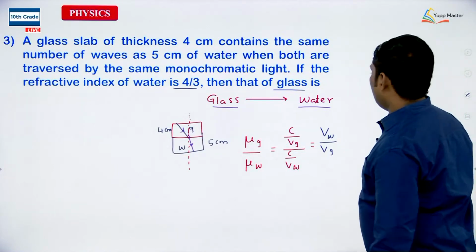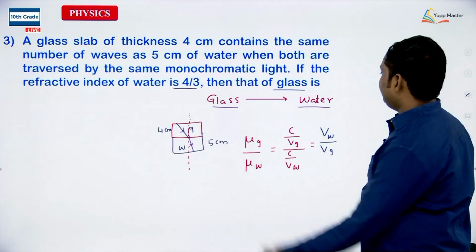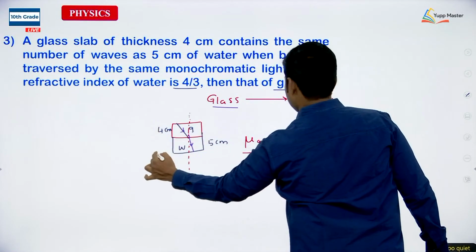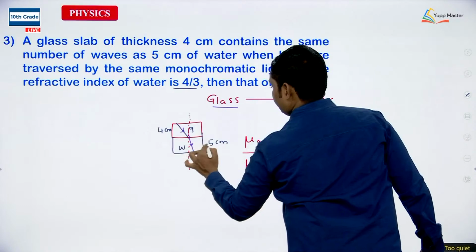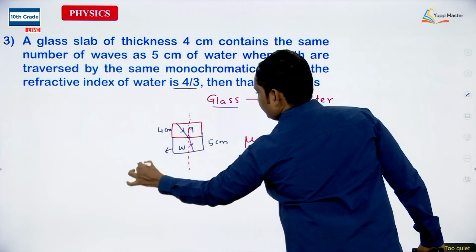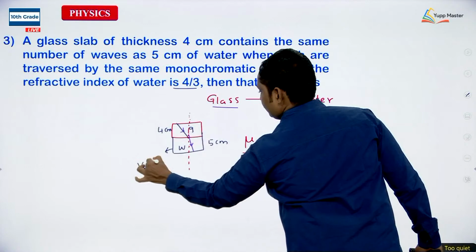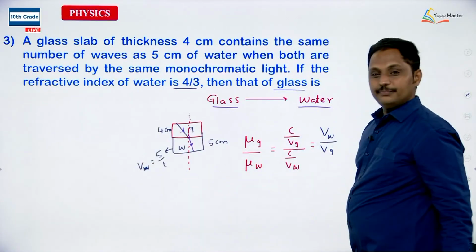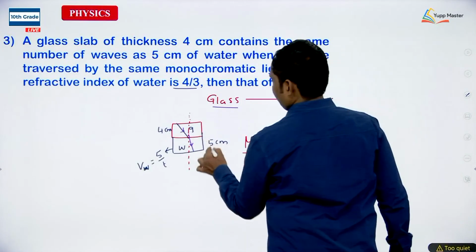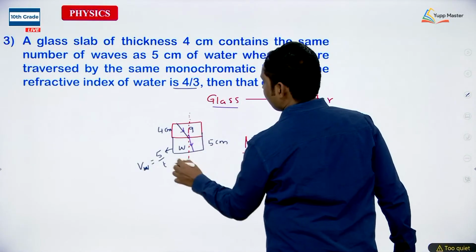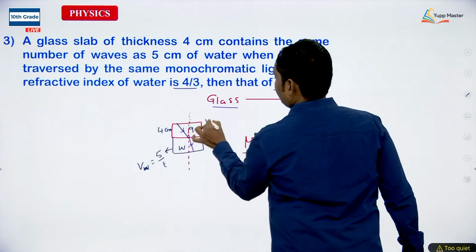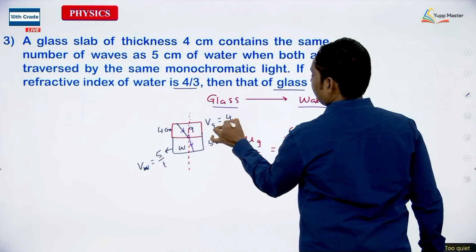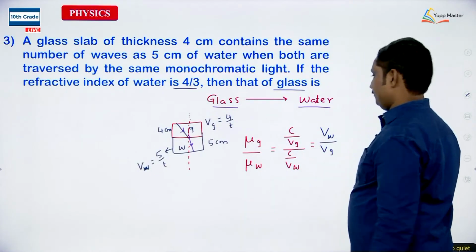Now, Vw is going to be 5 by T, let us assume 5 by T. And Vg is equal to 4 by T, let us assume.